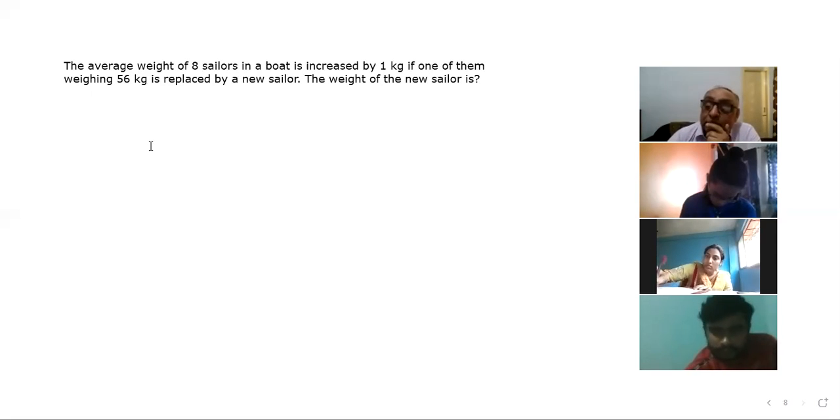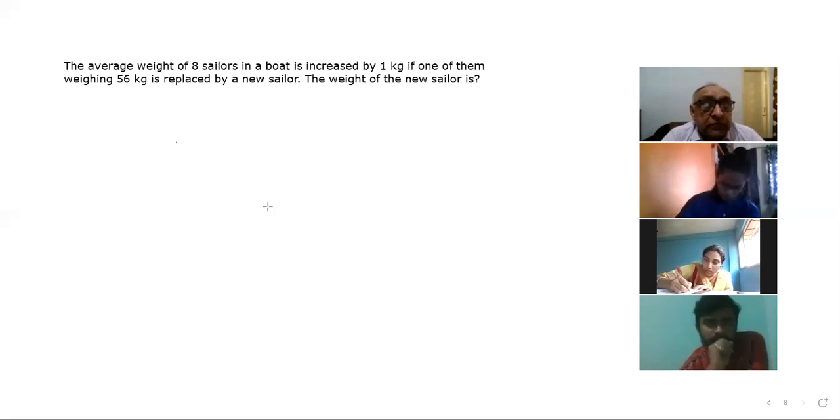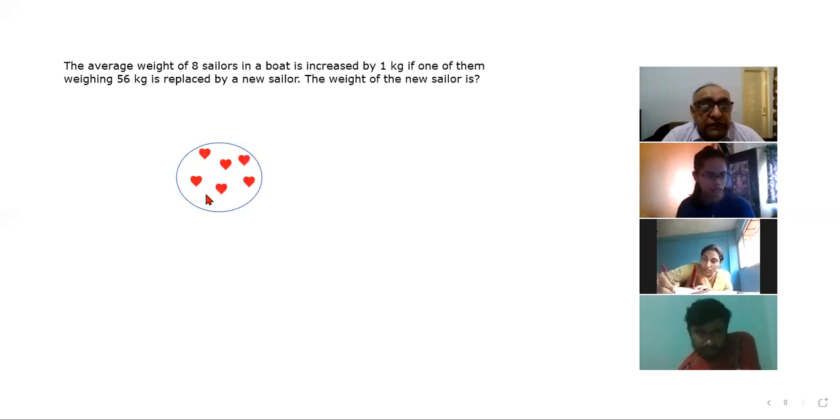So first of all, let us understand better. Quite easy. Let's suppose this is a boat. In this boat, there are 8 sailors: 1, 2, 3, 4, 5, 6, 7, 8.